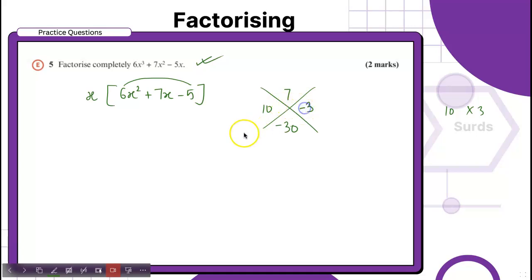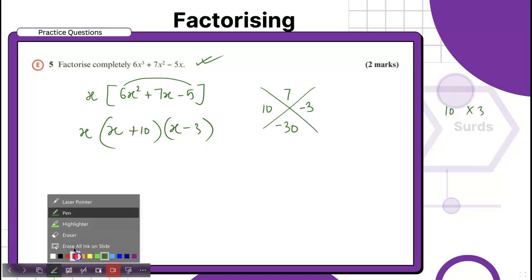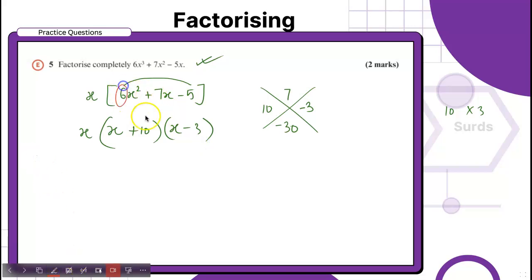Lower minus, that means smaller number minus. Let's write x plus 10, x minus 3. Correct? What the next step is, take the coefficient and divide both the numbers. Simplify them. So 2 times 5, 2 times 3, and 3 times 1, 3 times 2.